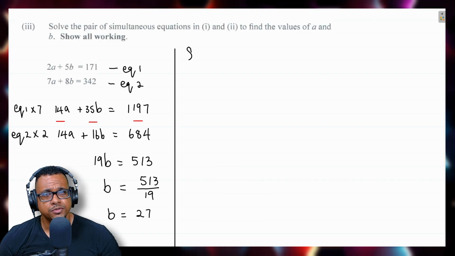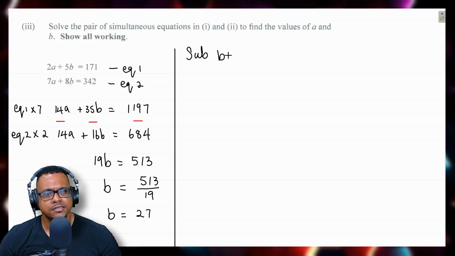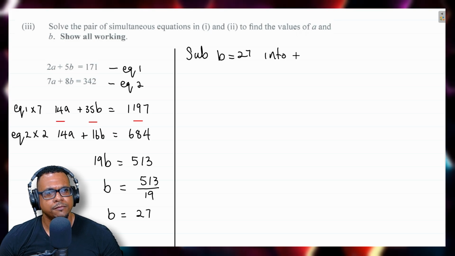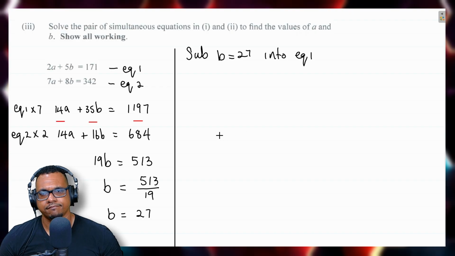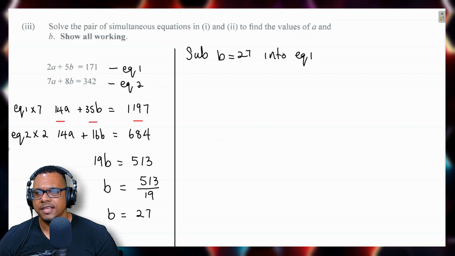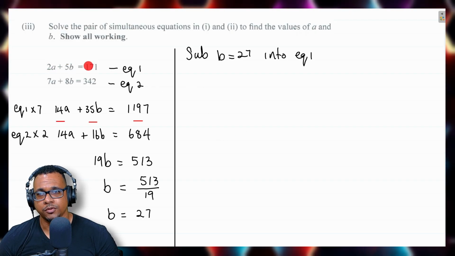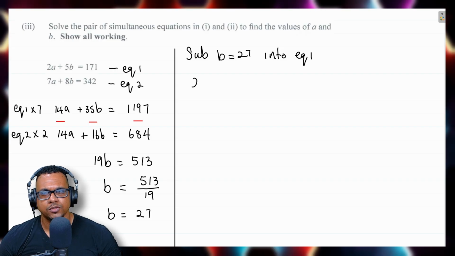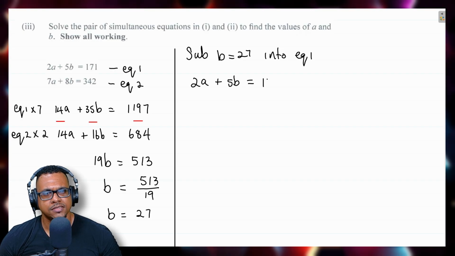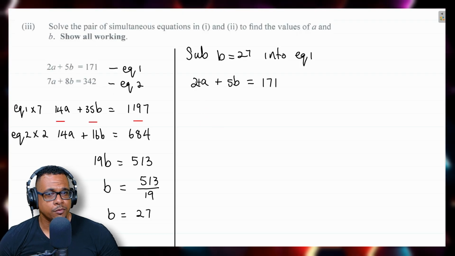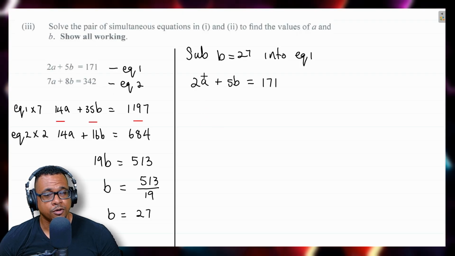So I'm going to substitute B is equal to 27 into equation 1. So equation 1 reads 2A plus 5B is equal to 171. So again, we don't know the value of A. That's what we're trying to find here now.